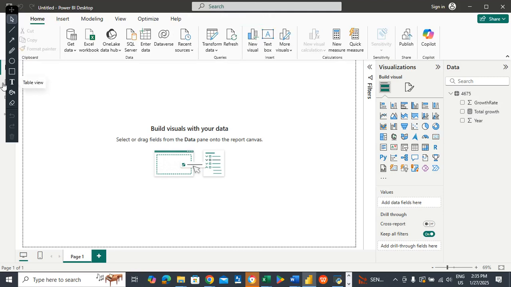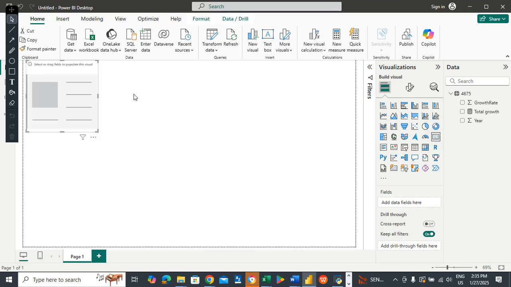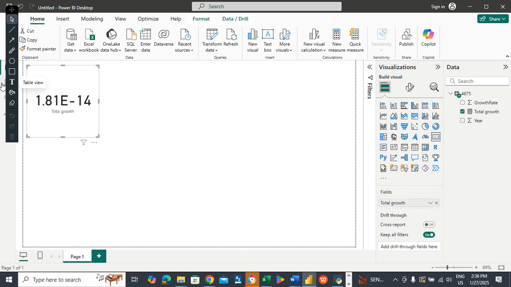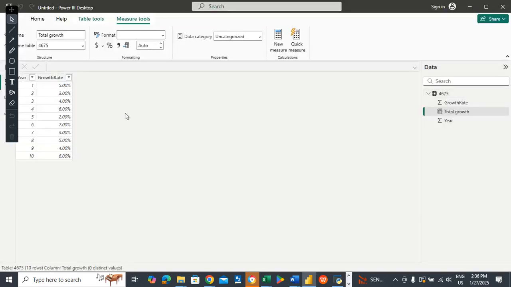All right. So I have written this DAX query, right? Total growth, and what I'm going to do is I'll plot this measure named total growth, and I'll assign this in this card value here. Okay. I'll walk you through the data set so that you can have an understanding.